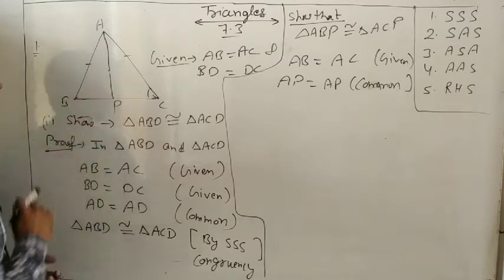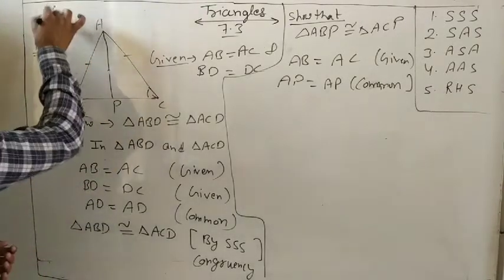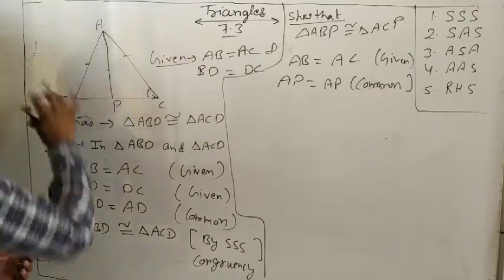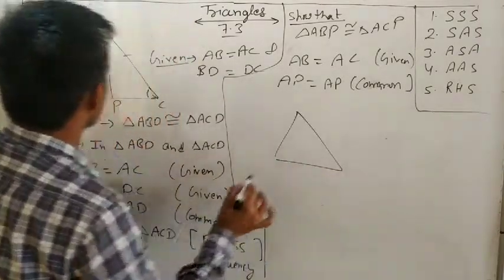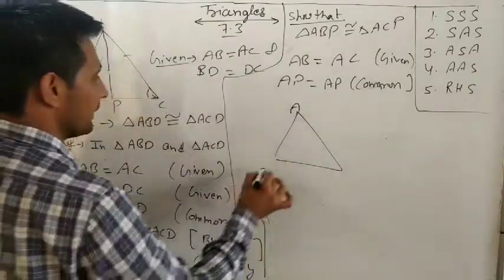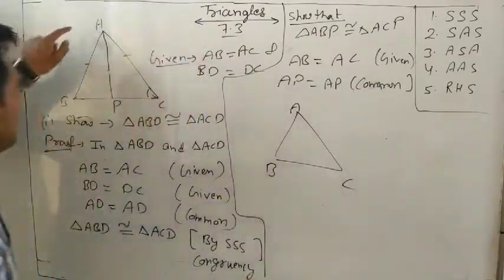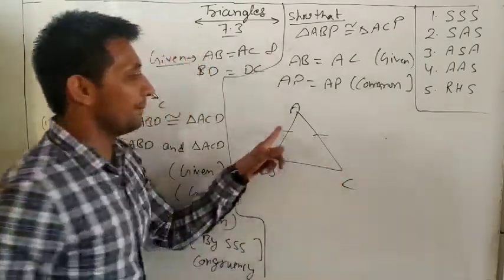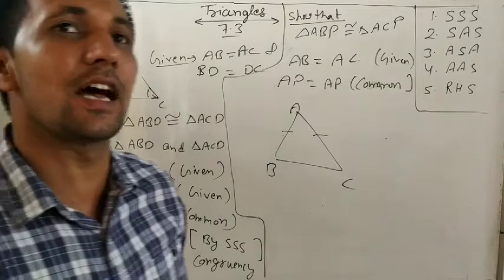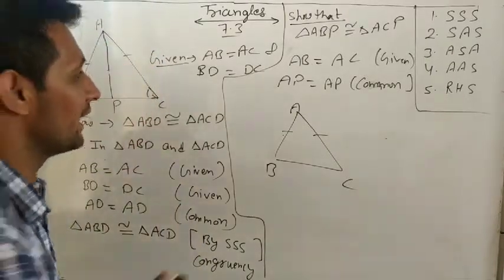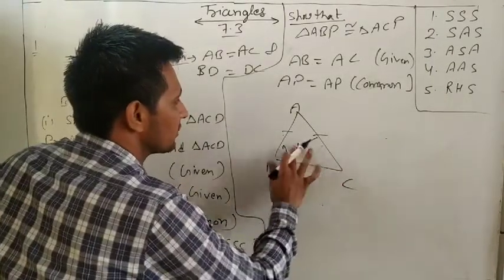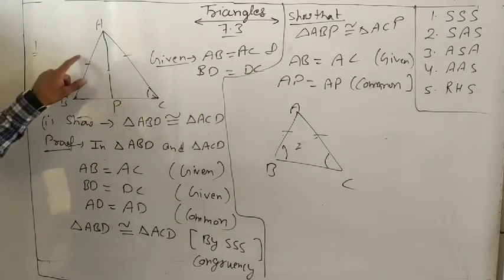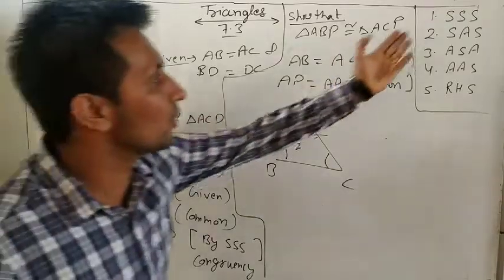Yes, we can say that also if you want, because in an isosceles triangle ABC, we know AB equal to AC, if two sides are equal, then the opposite angles are equal. But if we use this angle, then side-side-angle is not a congruency rule.